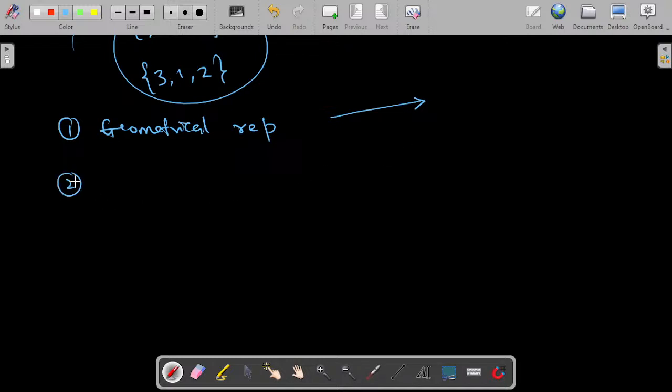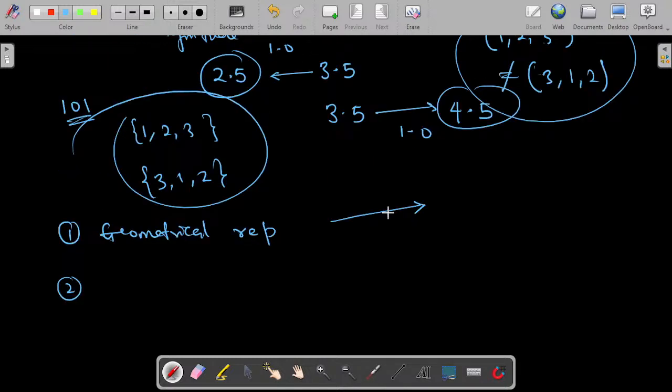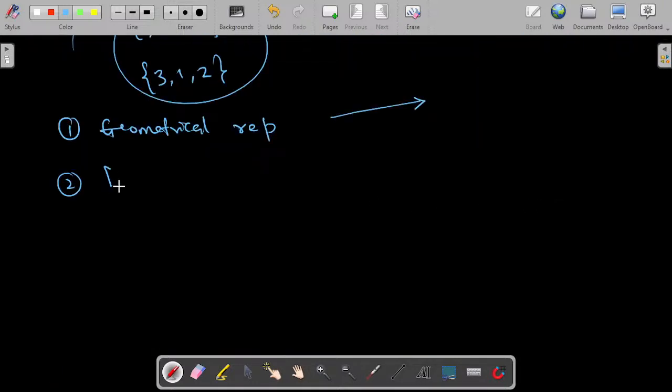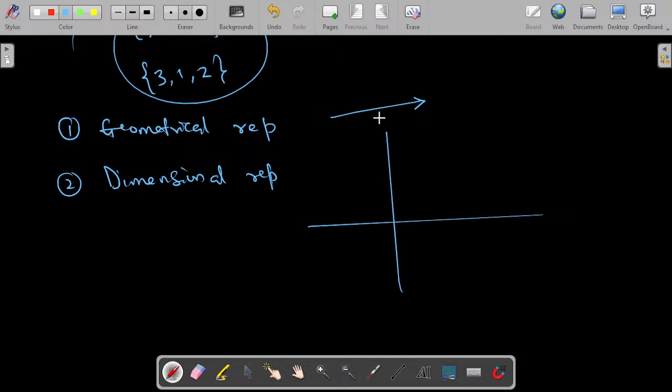Now we have another form of representation, which involves what I did here, and that's what we call dimensional representation. We can represent vectors dimensionally in this form, or you can call it the condensed form. Let me draw the coordinate geometry, the Cartesian graph.